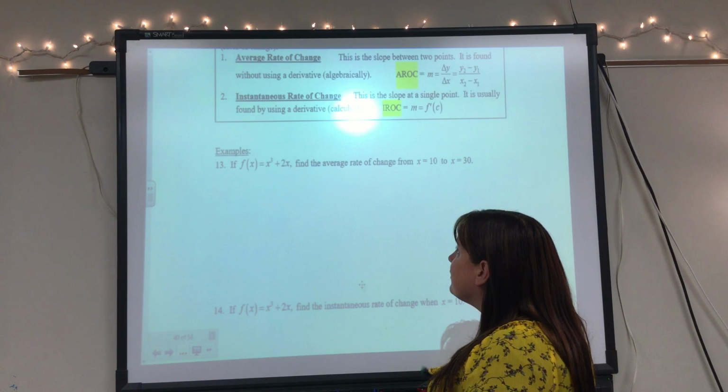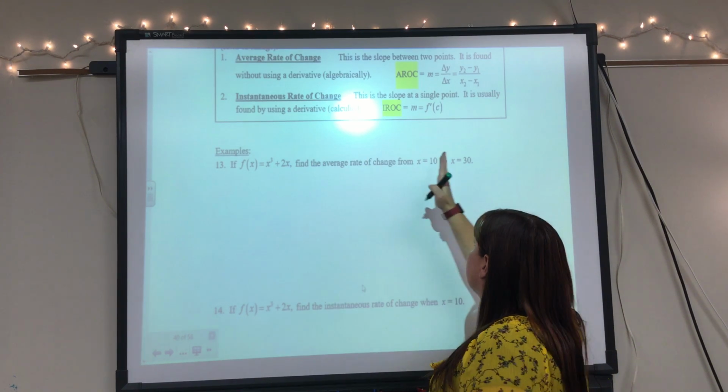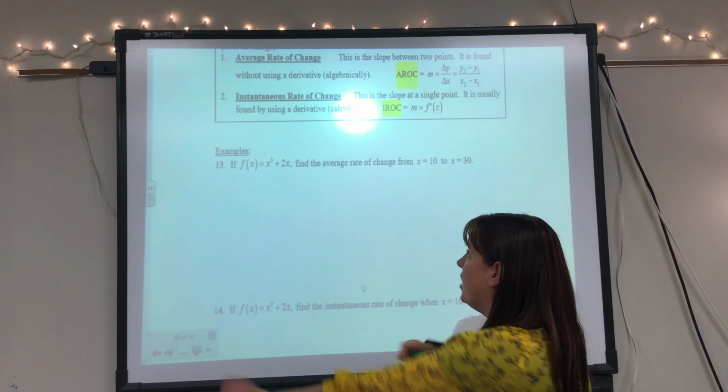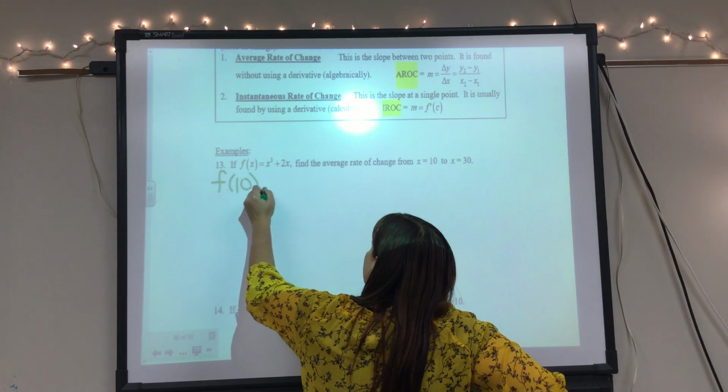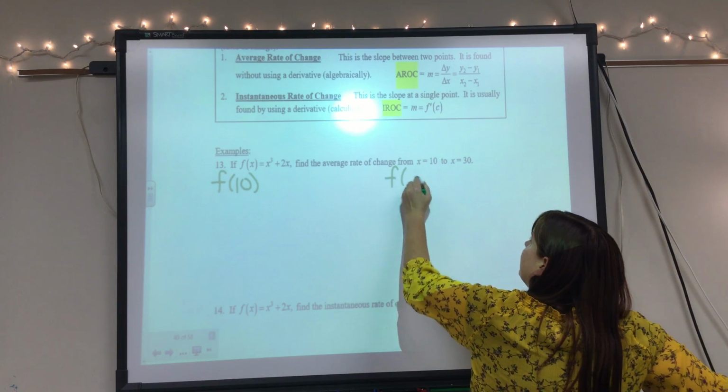So let's find the average rate of change on this function from 10 to 30. First we're gonna find f of 10 and f of 30.